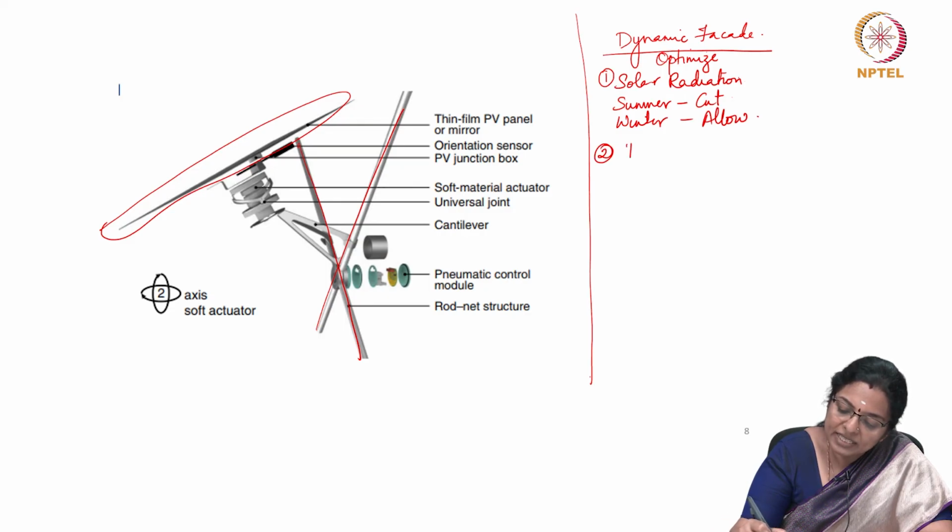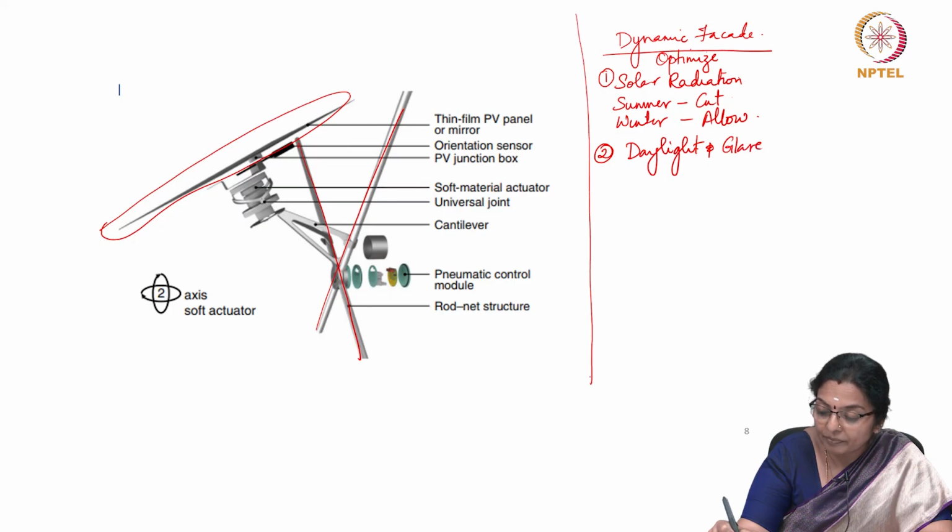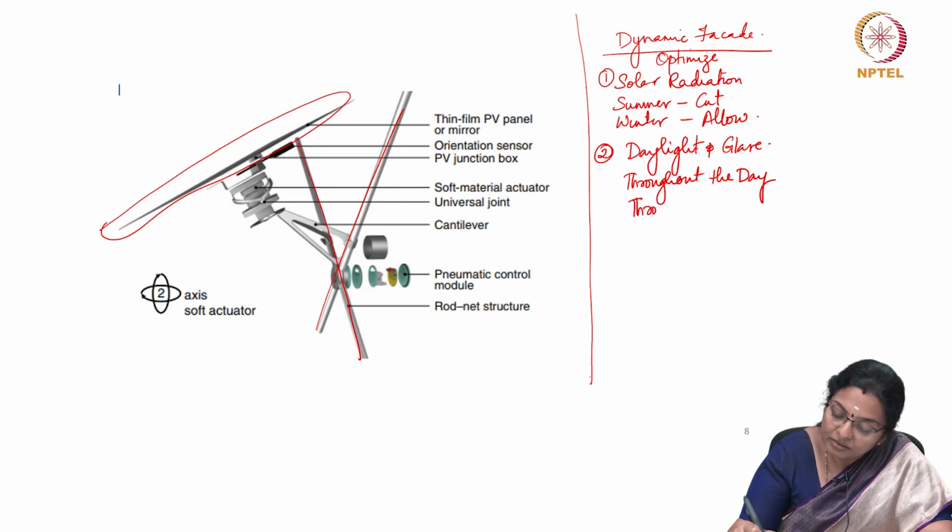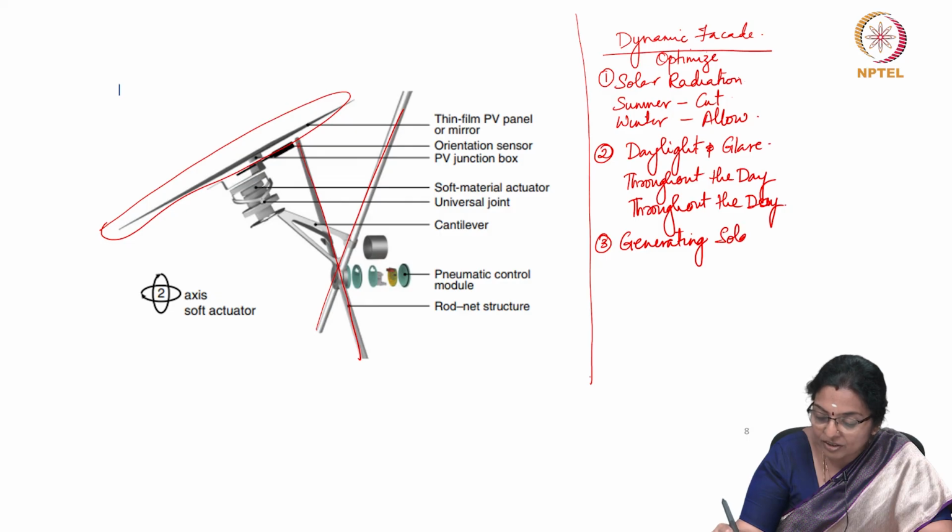You can optimize daylight and control glare, either throughout the day as well as throughout the year. Besides, you also have an option of generating solar energy.